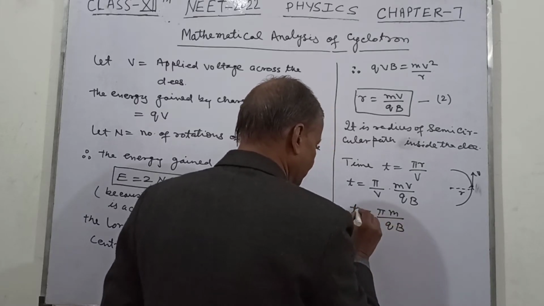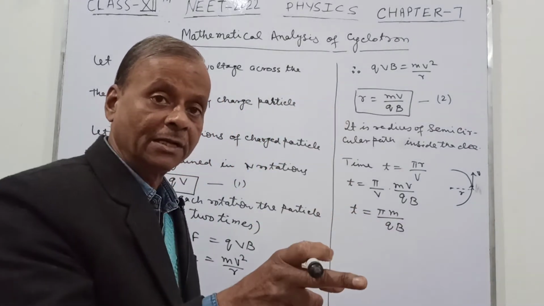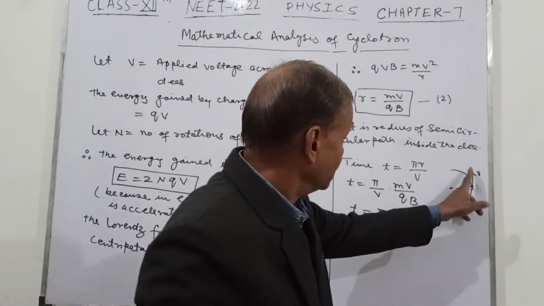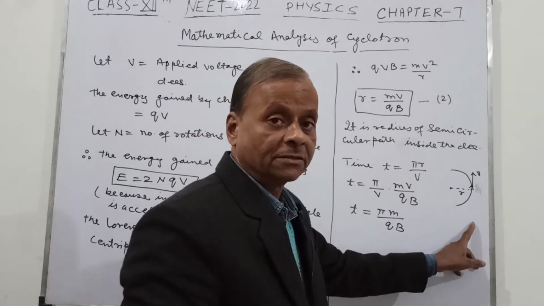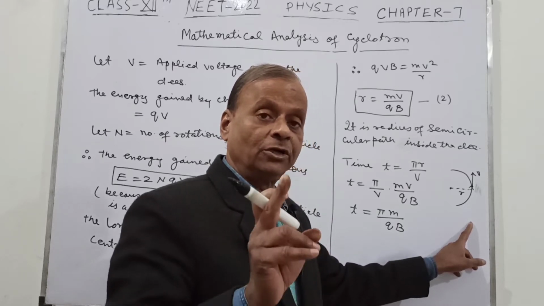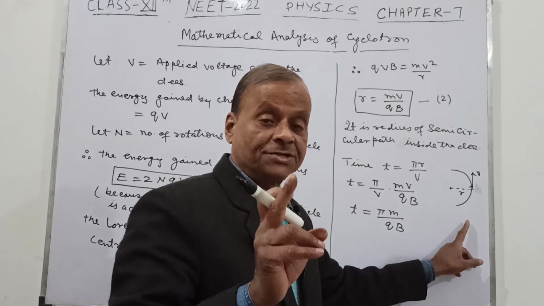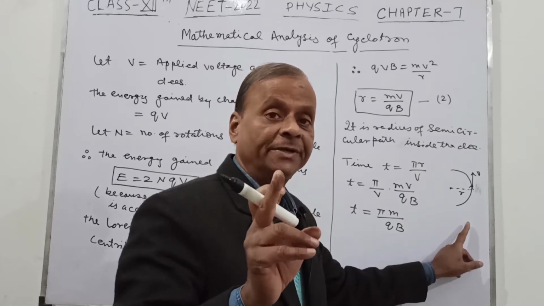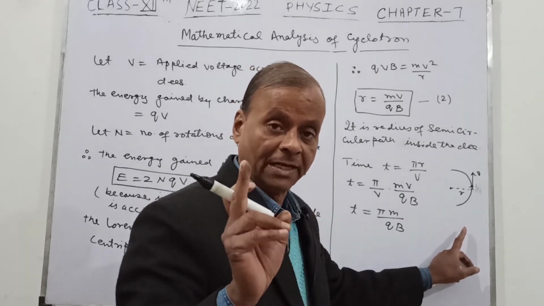This is not the full time period. As the particle completes this semicircular path, the polarity of the D changes. I have told you earlier that this time must be equal to half of the time period of the applied electric field.